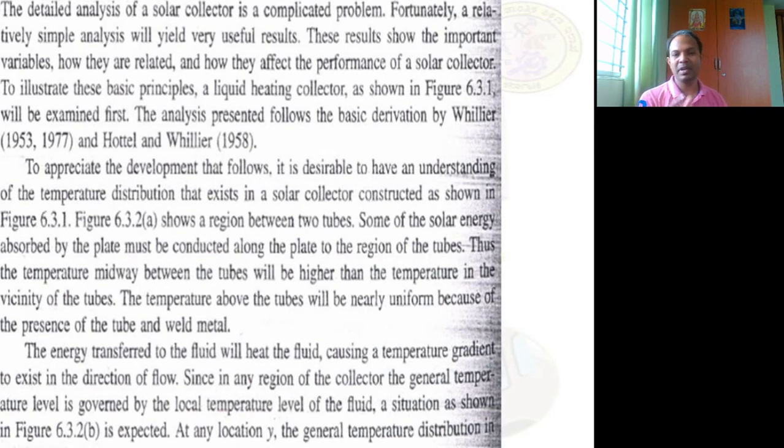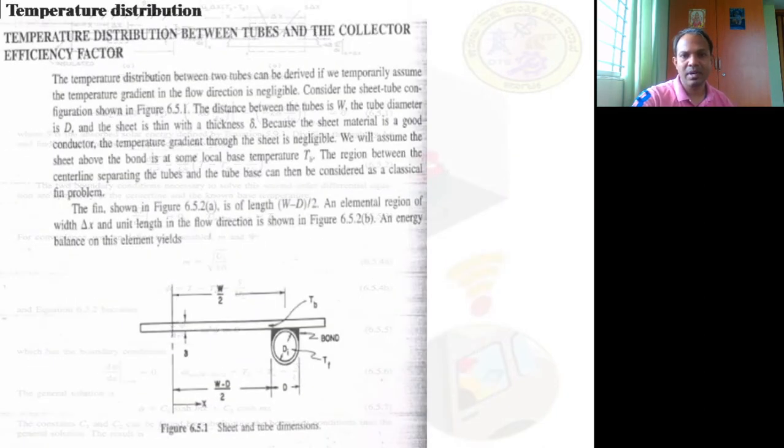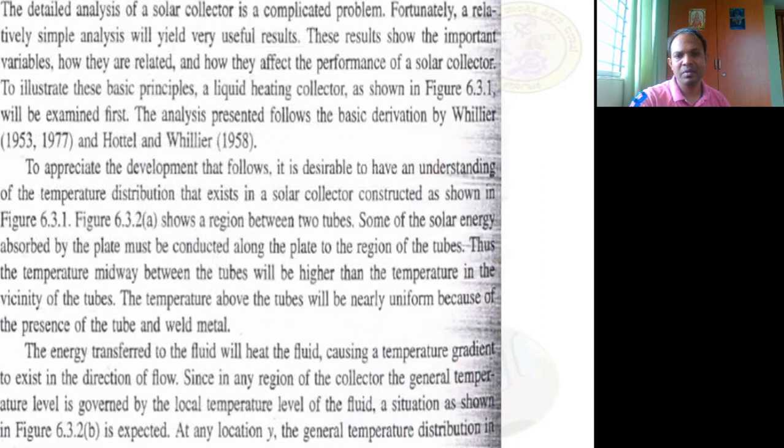It is only because the tube material will also be made up of a good conductor. As I just told you, this is a black color one. This will be a good conductor of heat. That is the reason why it is assumed to be the same. The energy transferred to the fluid will heat the fluid, causing a temperature gradient to exist in the direction of flow.